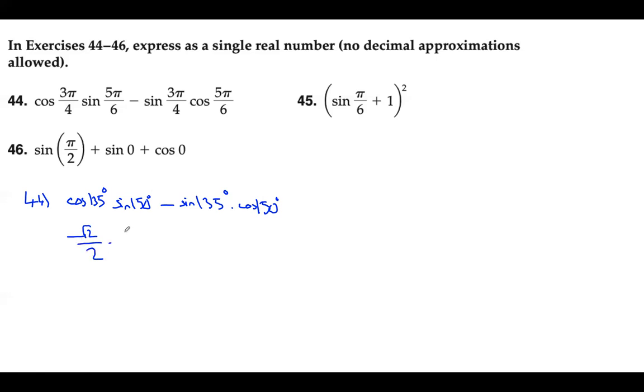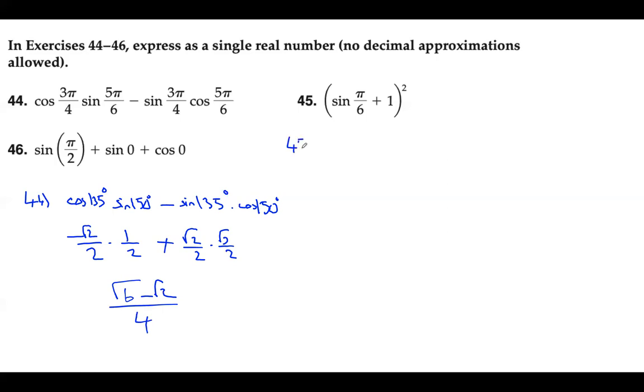Sine 150 is 1 over 2. Sine 135 is square root 2 over 2. And cosine 150 is negative square root 3 over 2. So I am writing square root 3 over 2 and negative sign. I put it here. It becomes positive. So it will be square root 6 minus square root 2 over 4. This is the answer of 44.